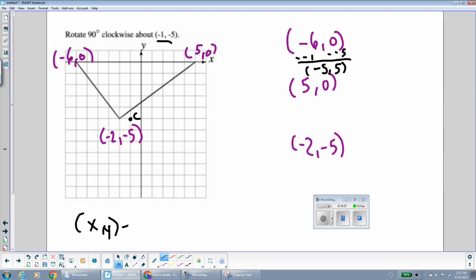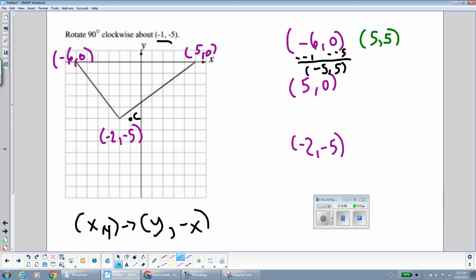And our rule is that we switch order of the coordinates and make the original x coordinate opposite side. So after we rotate this, the order would switch. So the 5 would come first, but the original x coordinate would switch signs. So since the original x coordinate is negative, it's going to become positive.